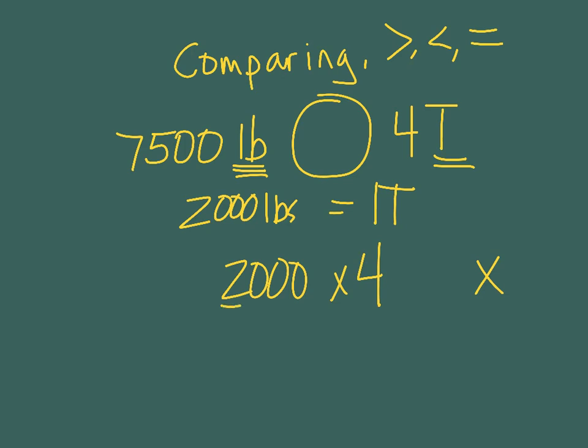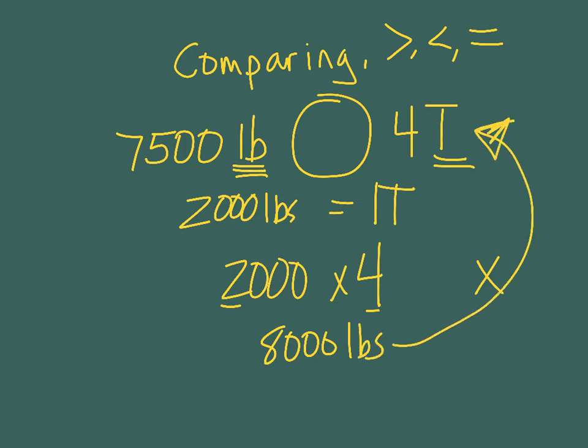Hey, zeros trick coming right back at you, right? Basic fact is 8. I bring down my 3 zeros. This is 8,000 pounds. So if I think about this as 8,000 pounds compared to 7,500 pounds, that means 4 tons is greater than 7,500.